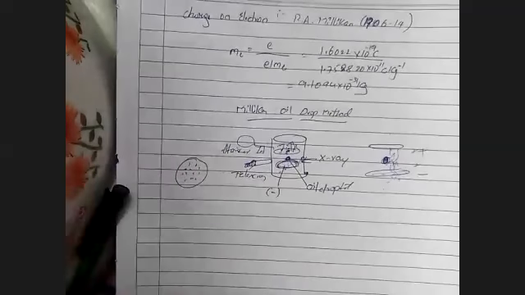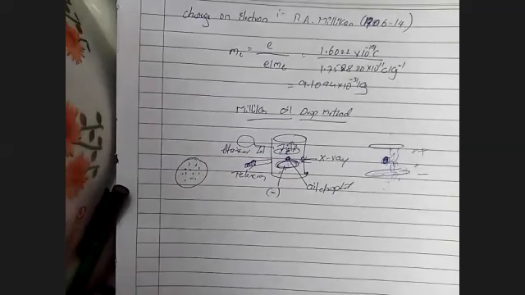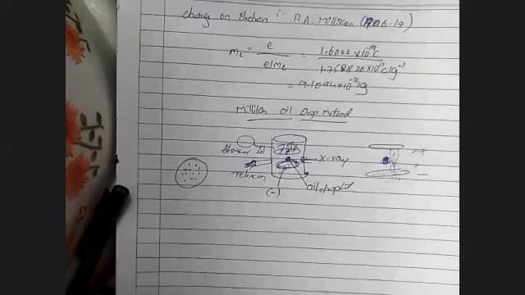The dots appear wherever the electrons are present, on the X-ray photographic plate. If you join the dots, you will get the atomic structure. Okay.